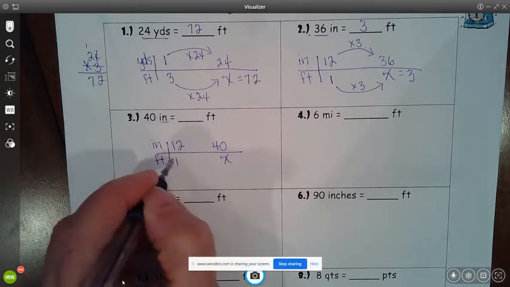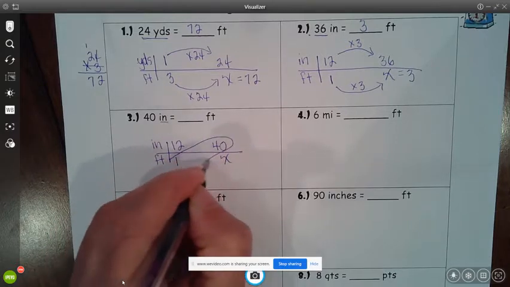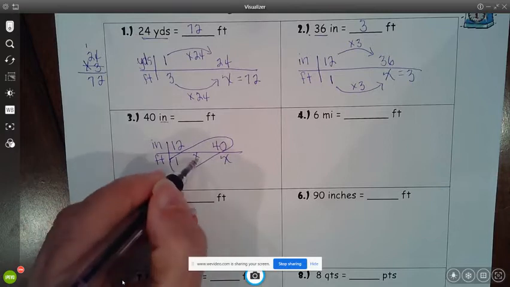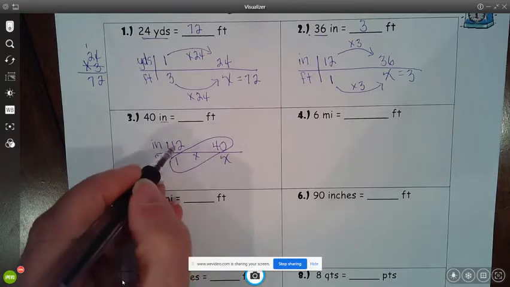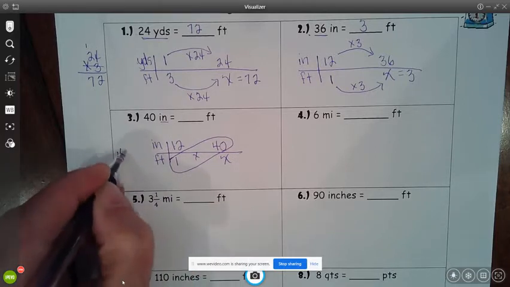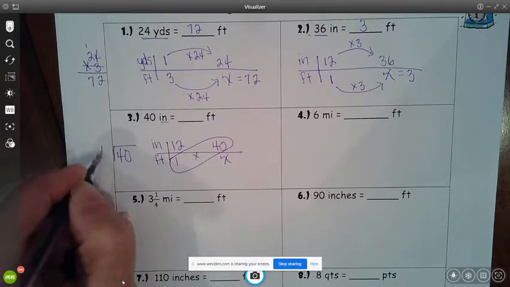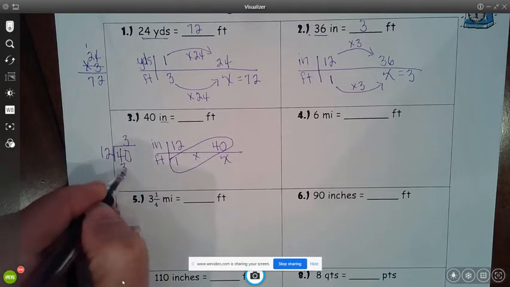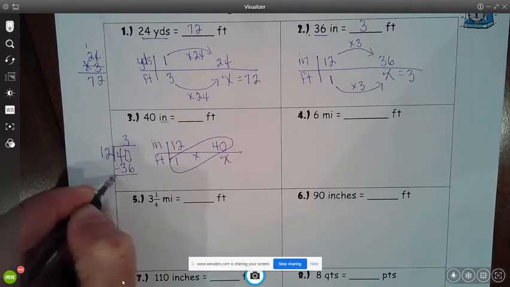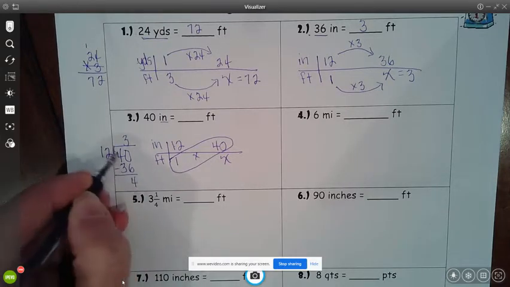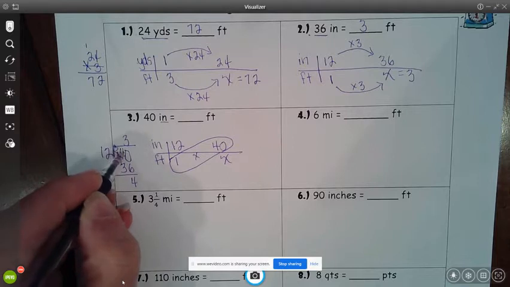So I'm going to do a diagonal multiply. I'm going to take 1 and multiply it times 40, and I'm going to divide by what's remaining. So let's do that over here. 40 divided by 12. And I know that goes into there 3 times, which is 36. And when I subtract it, it's 4, because you would make that a 3 and make that a 10.